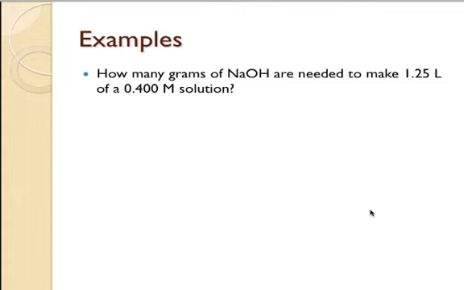And then another problem. How many grams of sodium hydroxide are needed to make 1.25 liters of a 0.400 molar solution? Well, here's a given, and I'm looking for grams.